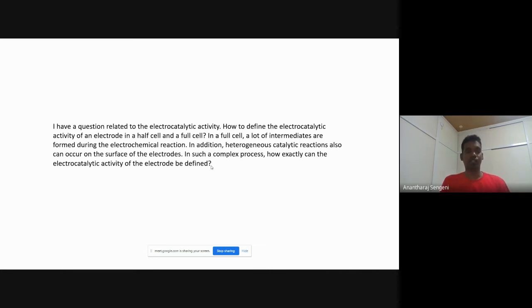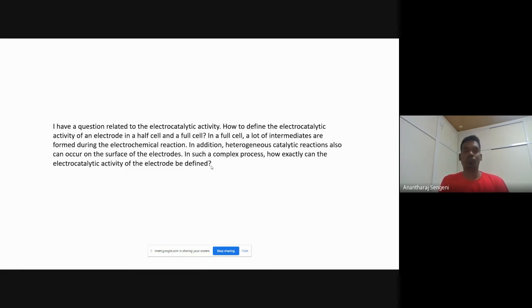So in those cases, you can quantify the products that are resulting from other heterogeneous catalytic reactions. So this is how we can identify the products from other processes. So in such cases, I would also like to answer your first part, the half cell reaction and full cell reaction.